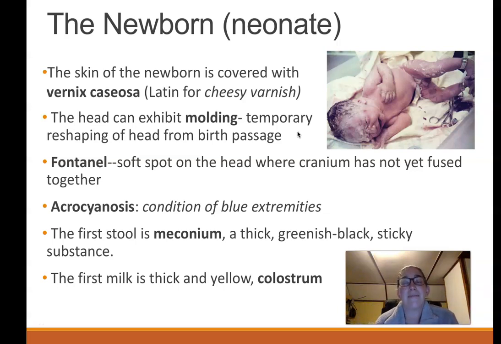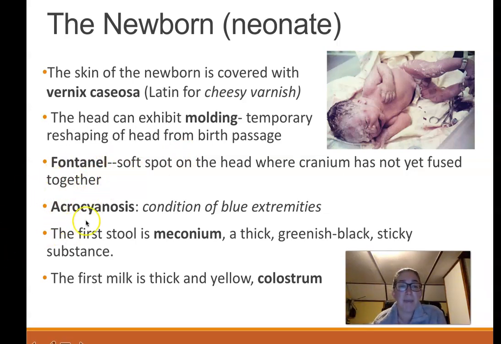The head reshapes over the first few days, but when it first comes out, sometimes they have these kind of pointy heads from being squeezed through the vaginal canal. Sometimes you hear people talk about how C-section babies are so pretty because their heads are nice and round and they don't have that molding because they don't have to do the squeeze. The fontanelle is that soft area that I was just referring to.